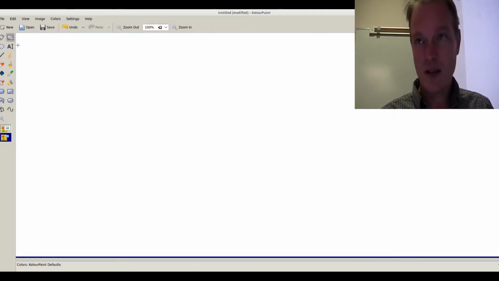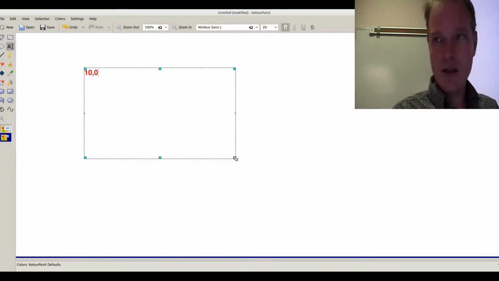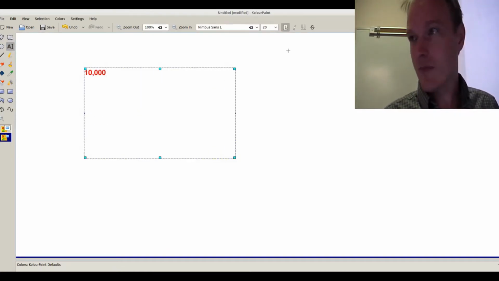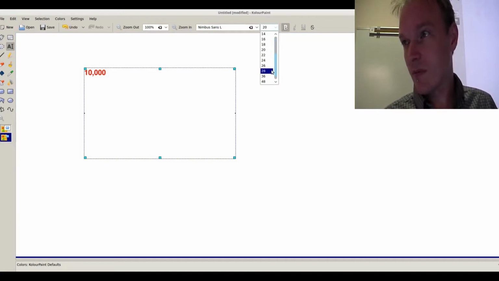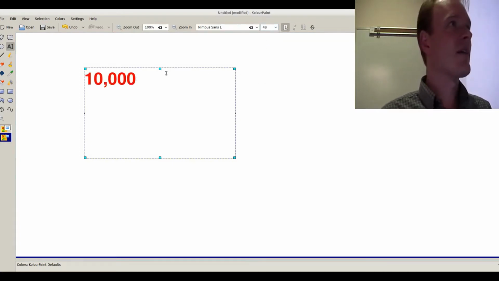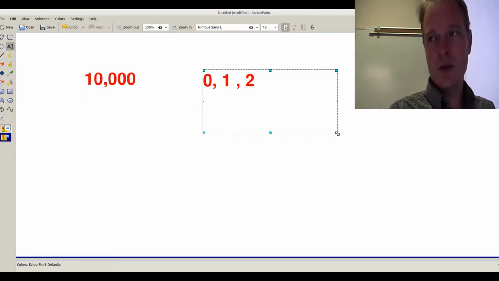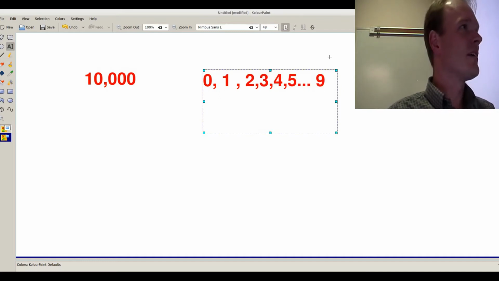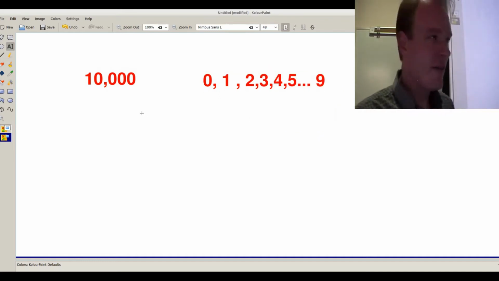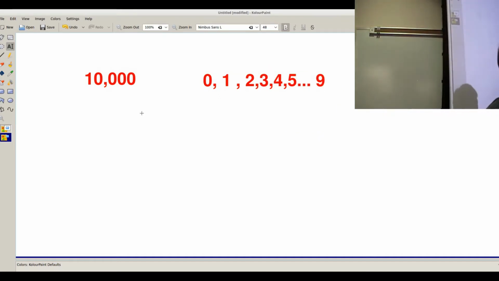Here's why. There are 10,000 patterns in the test data. There are 10 digits, 0, 1, 2, 3, 4, 5, up to 9, right? And there is equal representation of all 10 digits.